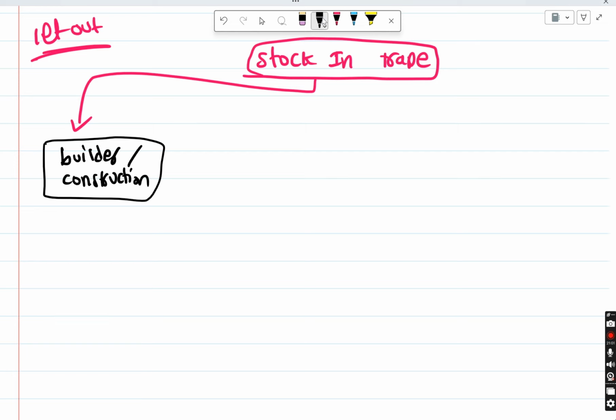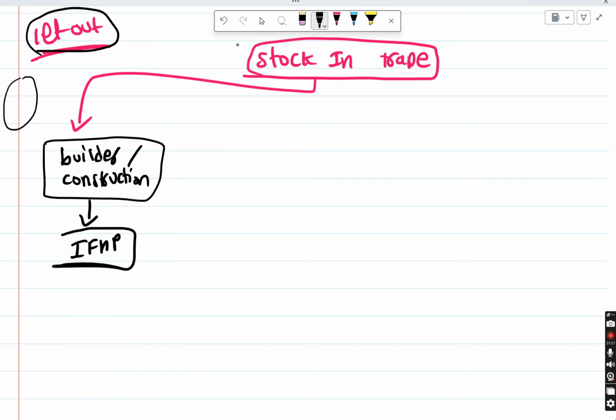But let's just say for some reason you build a property and you did not sell it yet, and you gave it for rent for some particular time, like just 6 months, 2 months, or 1 year. You gave it for let out, and because of that you earned some income, then that will come under IFHP only. Remember this part.